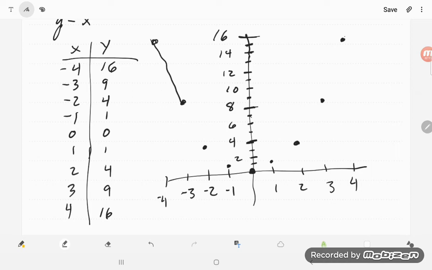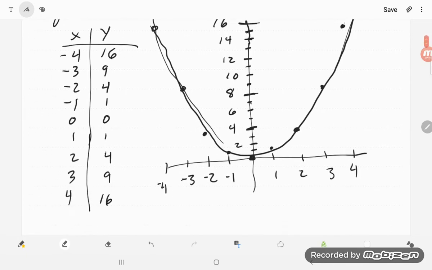And so what we see is we get this parabola shape for y equals x squared. And pretty much that's the shape we always get.